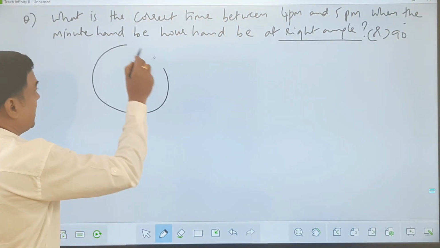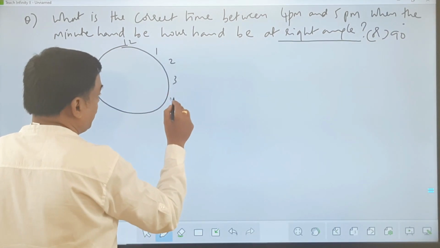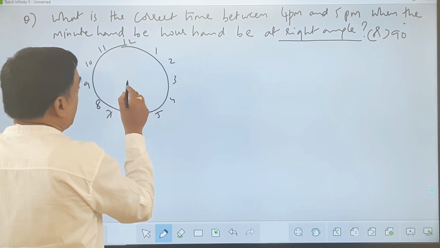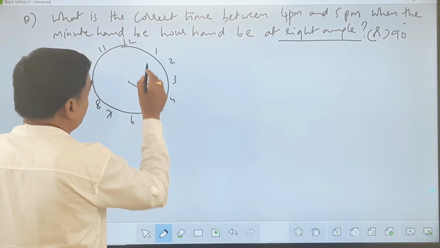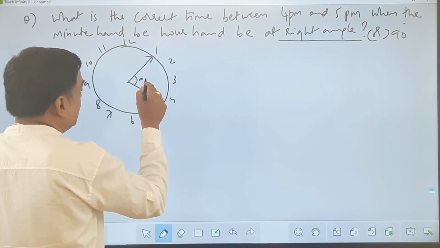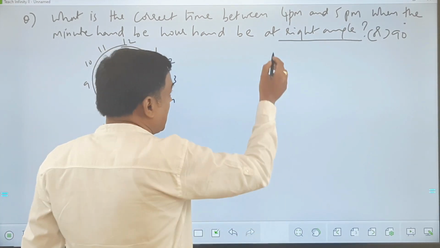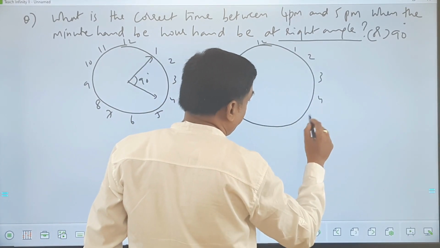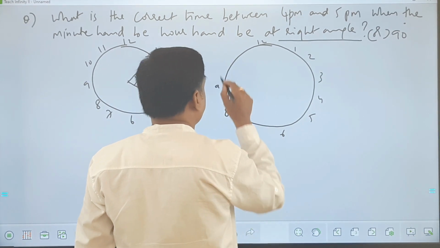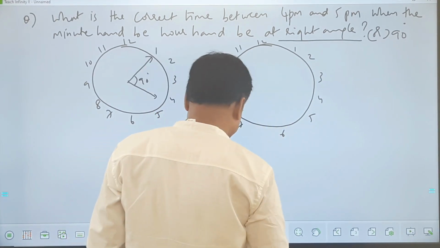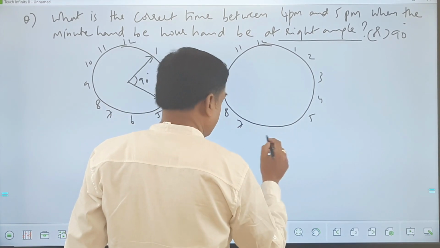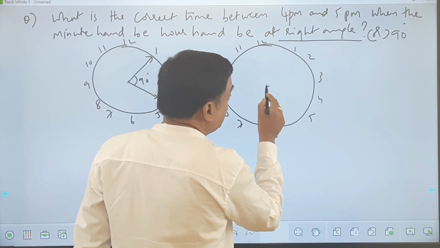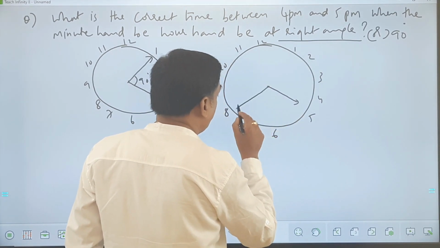So this is what the diagram is. 12, 1, 2, 3, 4, 5, 6, 7, 8, 9, 10 and 11. It will happen somewhere around 4:05, nearly about 4:05. You'll find 90 degrees over here. This is the first point. And after that, it appears again at nearly 4:35 plus.